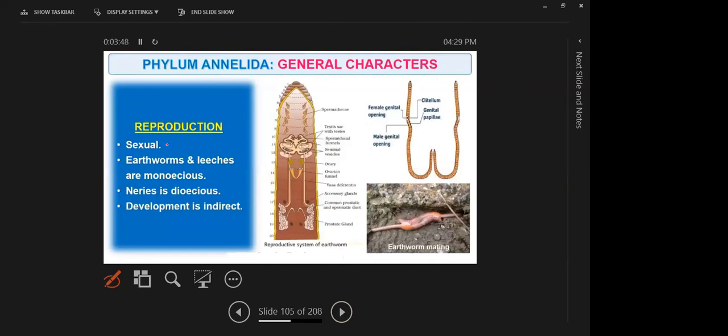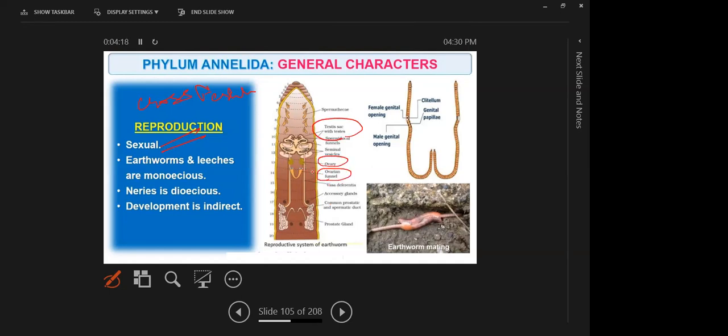Reproduction is sexual reproduction. Please write sexual and cross fertilization. Why cross fertilization? Though earthworm is a hermaphrodite, both the female and the male organs are in the same organism. See, testis sac with testis and ovary funnel with ovaries.